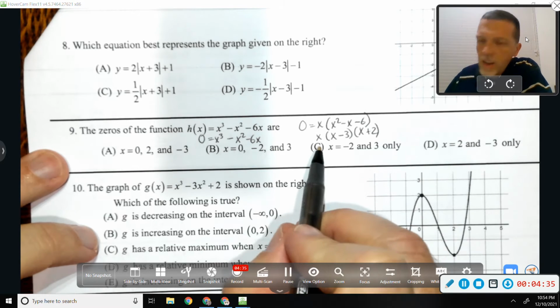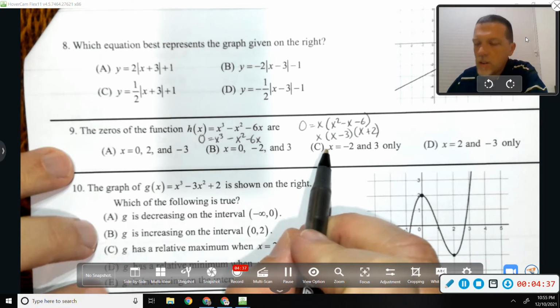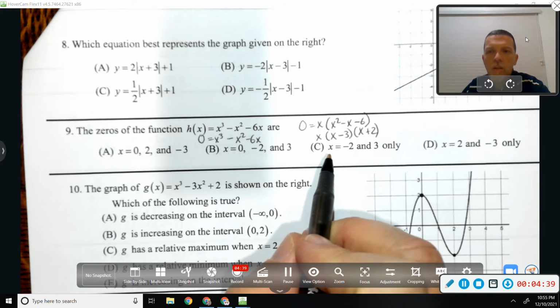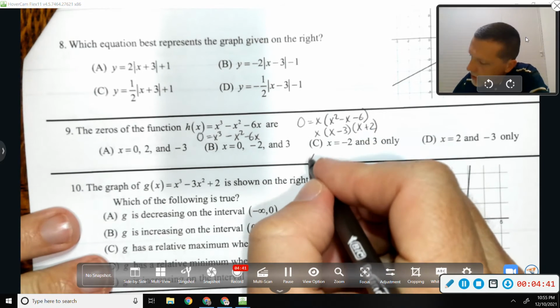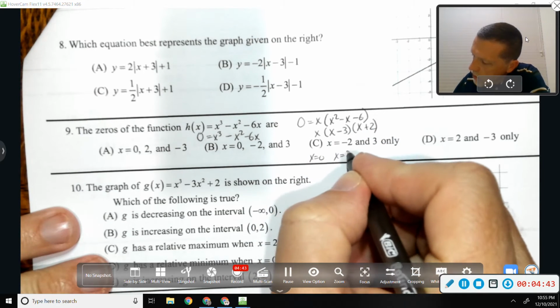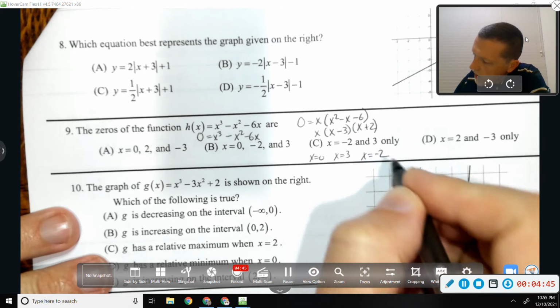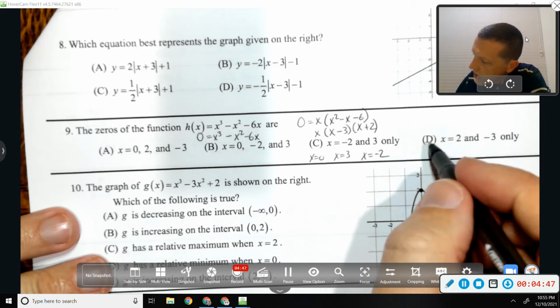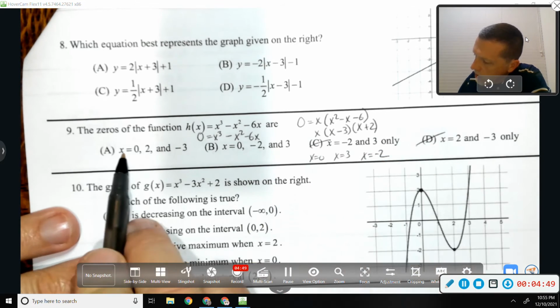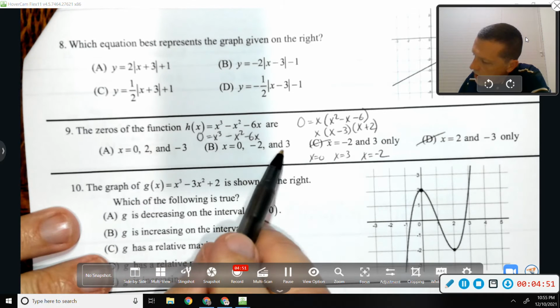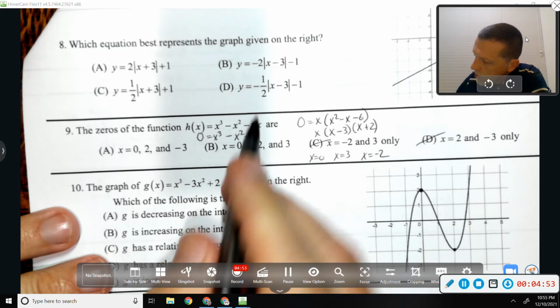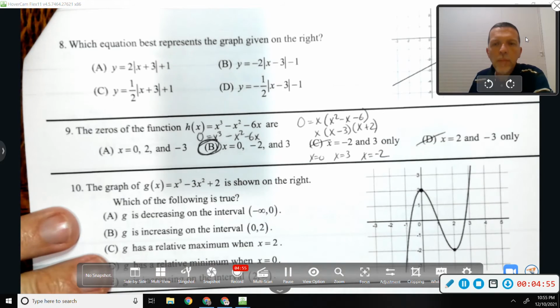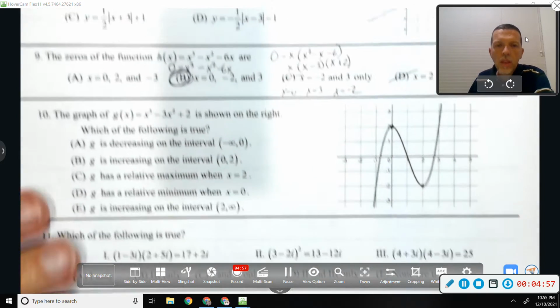And so then we set each factor equal to 0. So x equals 0, x equals 3, x equals negative 2. So 0, 3, and negative 2. So that'd be answer choice B.